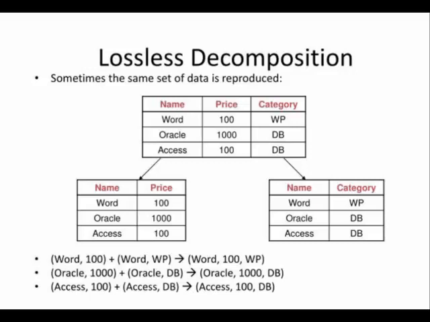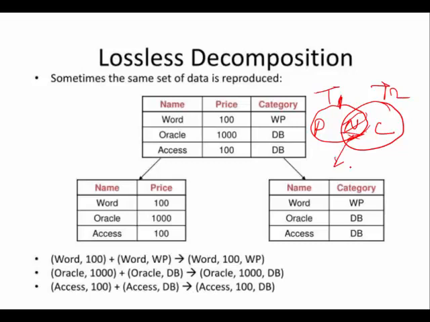Why is it lossless? Because in the intersection, the same attribute is name, and the other attribute here is price. That is for table 1, and for table 2 it is category. So if you try to decompose it again, you must have an intersection attribute, and you must choose it wisely.